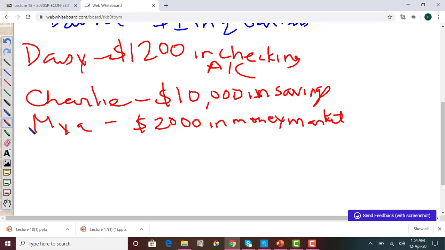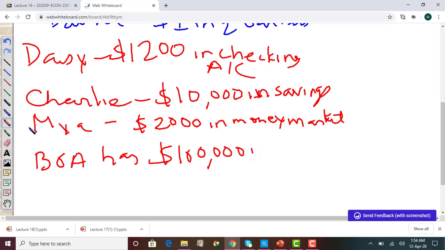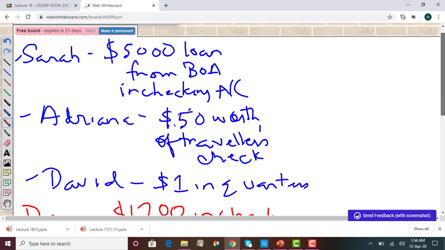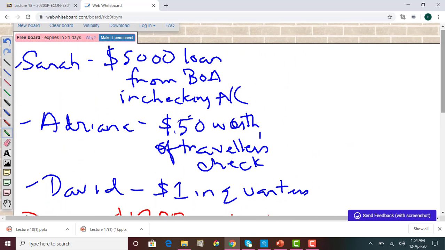And finally, let's say Bank of America has 100,000 in their cash vault. So you are given this information. Now I ask you to calculate M1.